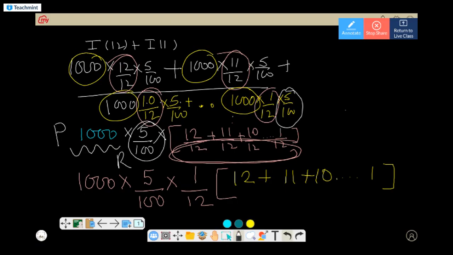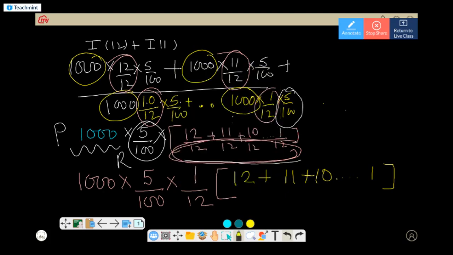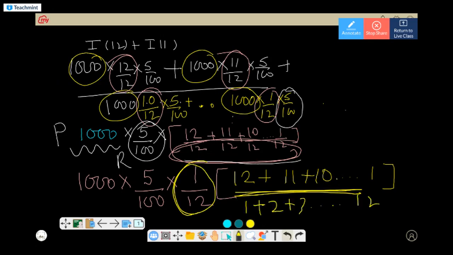If you check the pattern 12 upon 12, 11 upon 12, 10 upon 12, the 12 in the denominator is common, so that is also taken out. And then what is left? Only the numbers, 12 plus 11 plus 10, like that till 1. You can also reverse this and write 1 plus 2 plus 3 and so on till 12. That is also fine. So this forms a series.